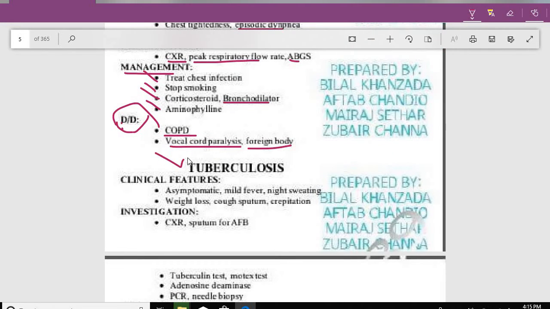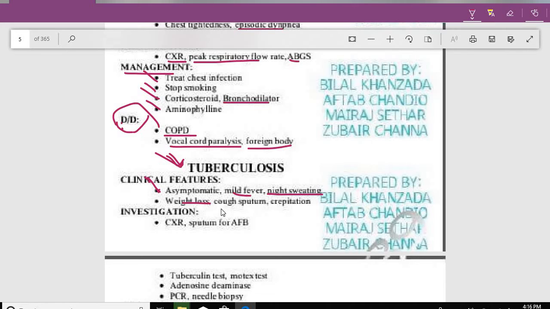Tuberculosis is a disease caused by a bacterium known as Mycobacterium tuberculosis, and it causes a productive cough with sputum, weight loss, anorexia and fever. Clinical features are asymptomatic or mild fever, and night sweating will be there.